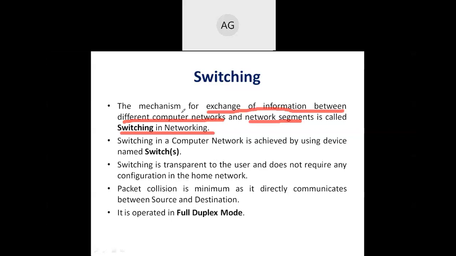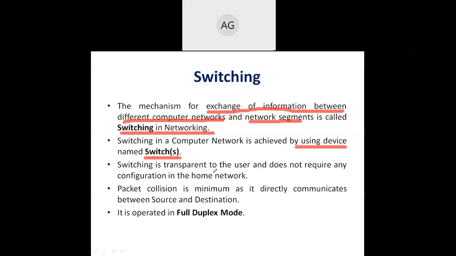A computer network consists of many computers, and switching is used for transferring or exchanging information between different computer networks. Switching in a computer network is achieved by using a device named a switch. That's why its name comes as switching, because here we are using the device called a switch.